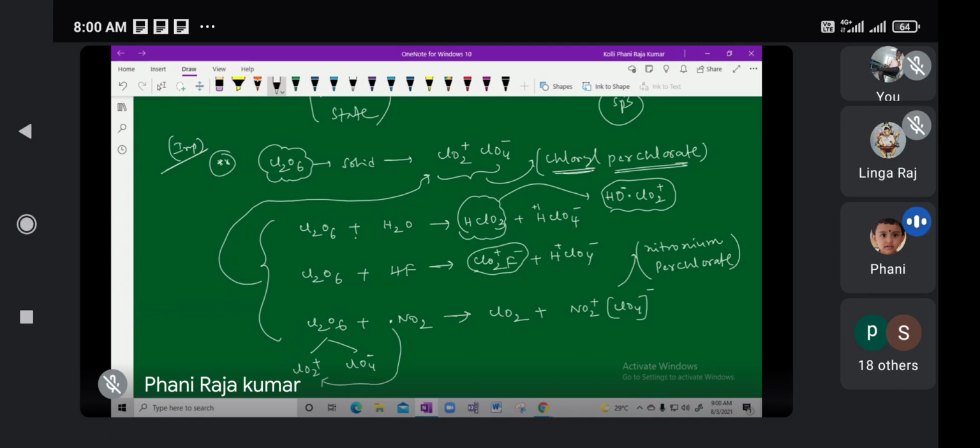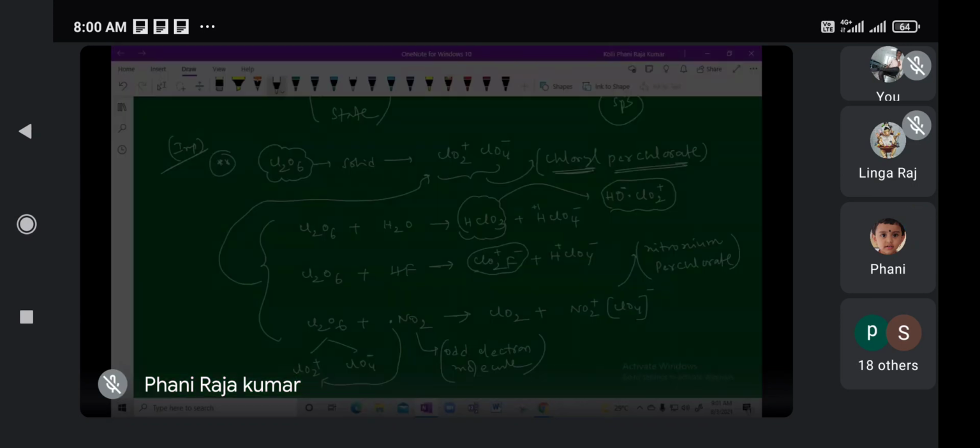NO2 plus ClO4 minus: nitryl perchlorate or nitronium perchlorate. This NO2 is an odd electron molecule and supplies an electron to ClO2 plus, and it becomes NO2 plus. NO2 plus forms a salt with ClO4 minus. Nitronium perchlorate salt.